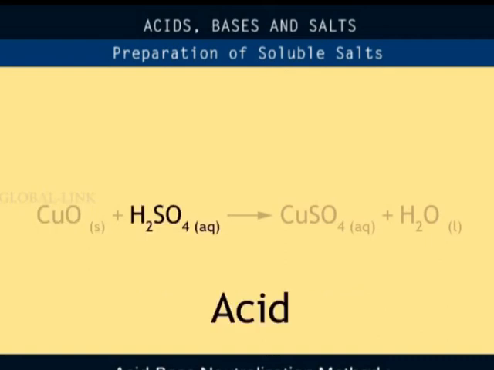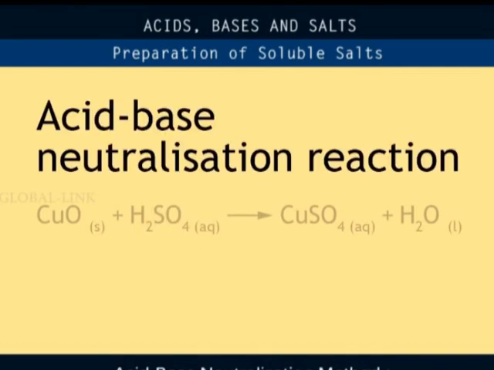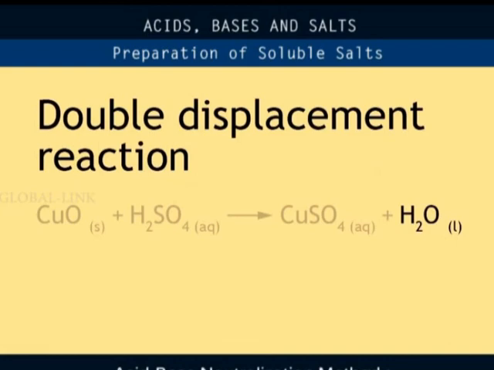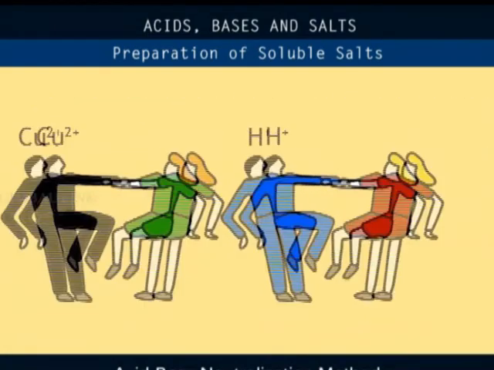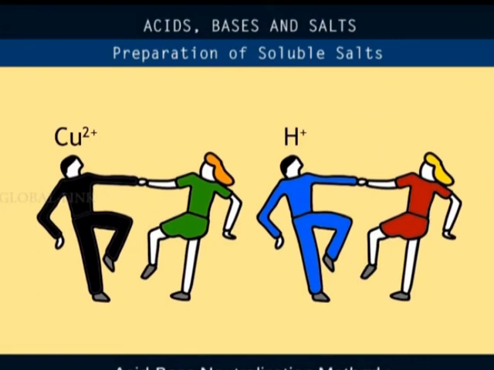So what happened is an acid-base neutralization reaction where a salt and water have been formed. An acid-base neutralization reaction is a type of a double displacement reaction. And so the copper 2 and hydrogen ions have switched to form copper 2 sulfate and water.